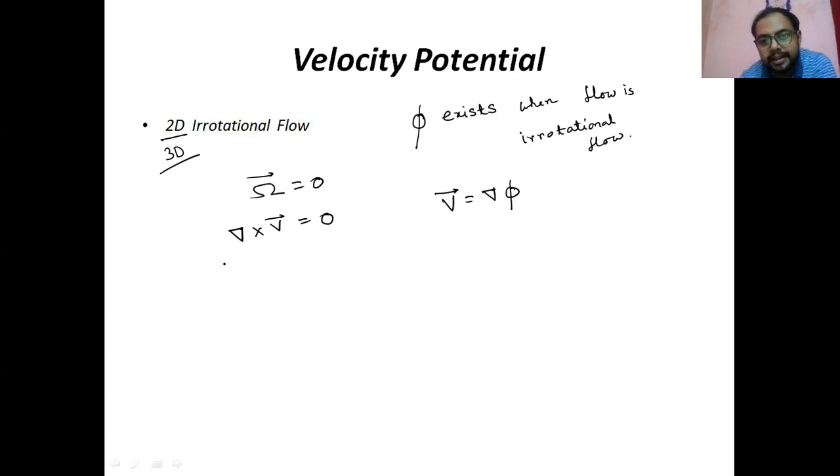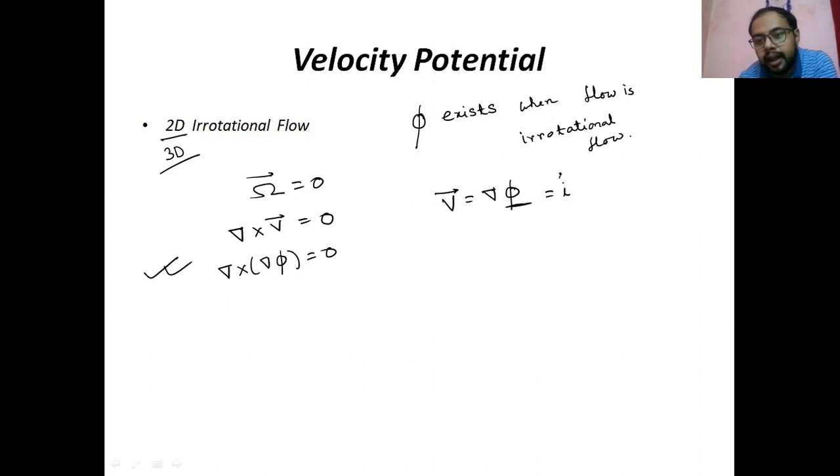Because of the vector identity, this term is always zero. How is it zero? Because we are considering the velocity to be the grad of a function.